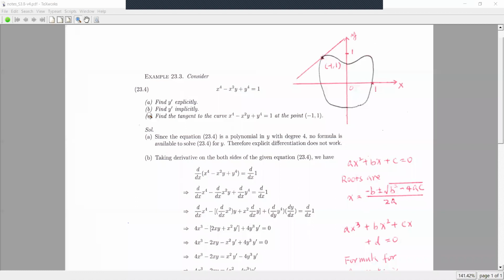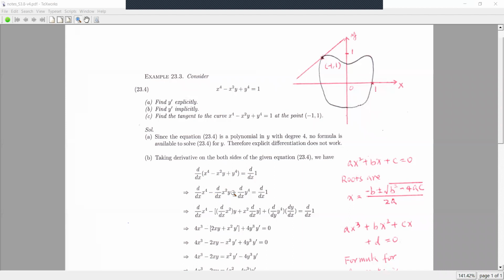Solution to part B. Take derivative on the left side and on the right side of the given equation. Then we have this equation. By the subtraction and summation formulas, we split the derivative on the left side into 3 derivatives.